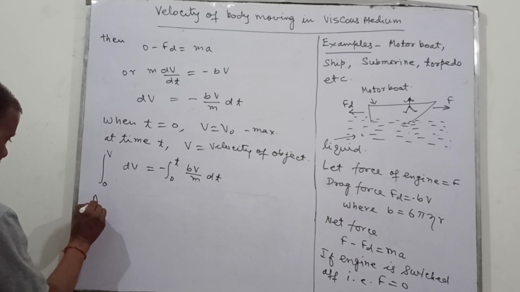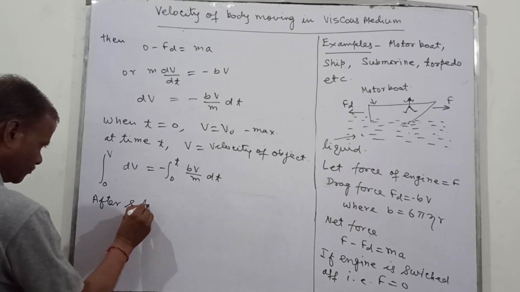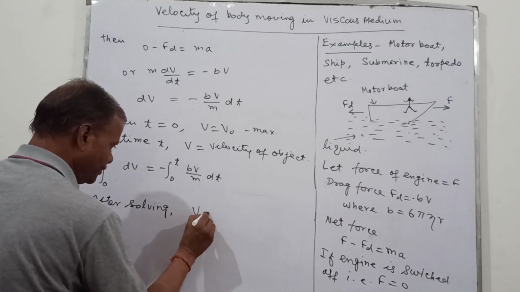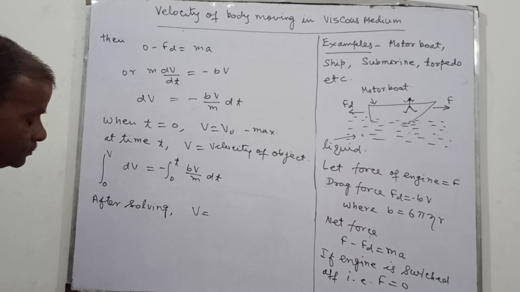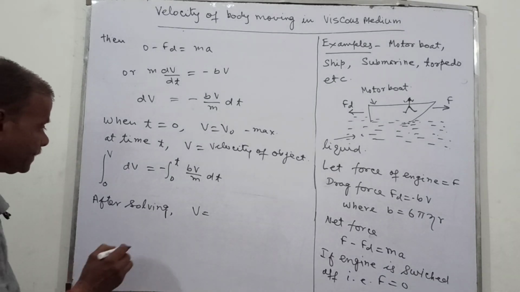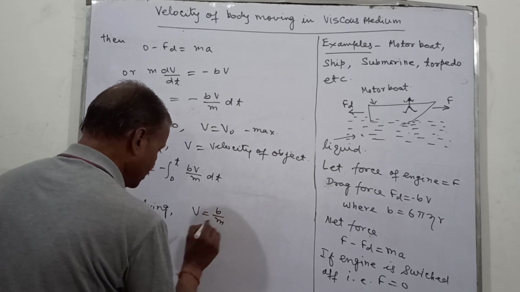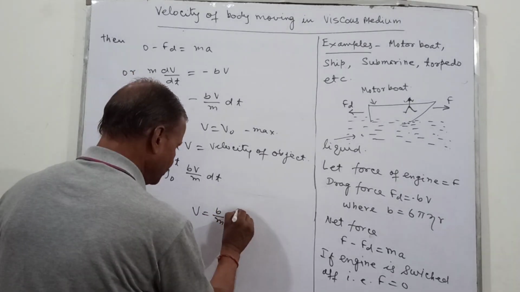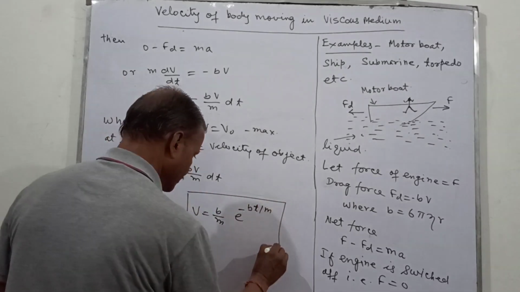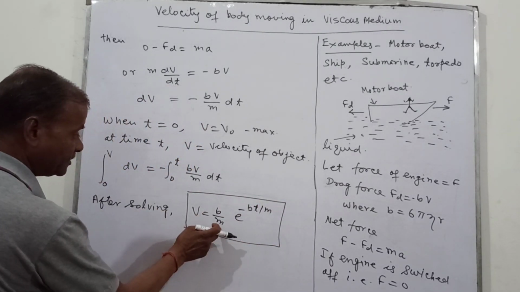After solving this, v is equal to v0 e to the power minus bt upon m.